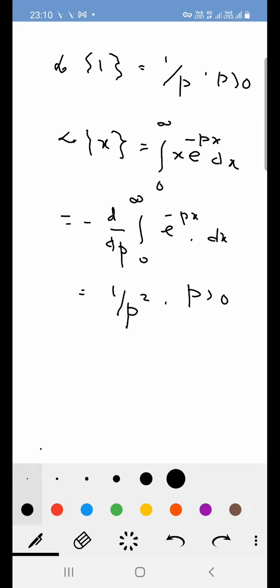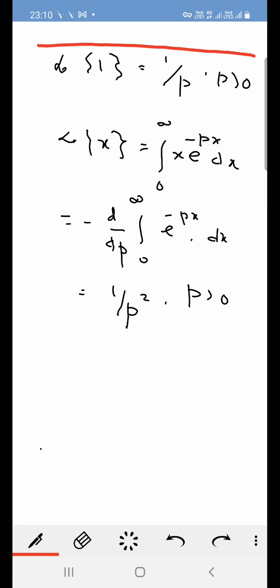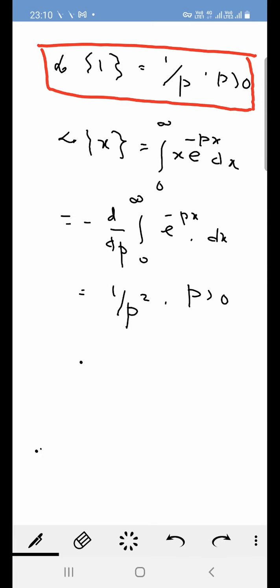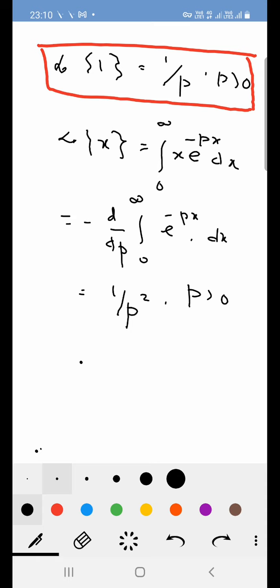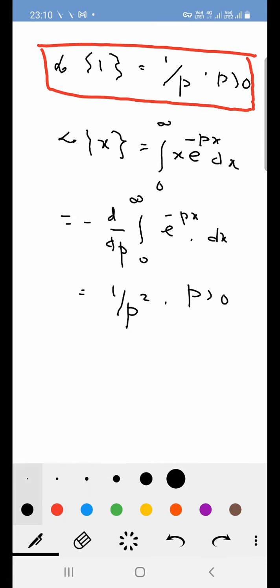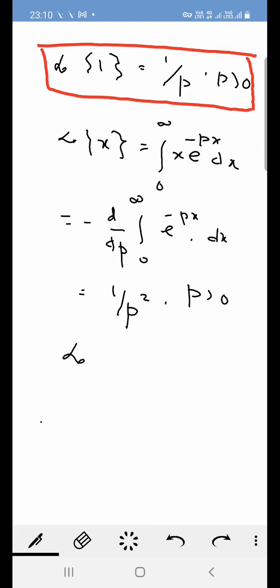So this was the first expression, and L of x is equal to 1 by p square for p greater than 0. This is the second expression.